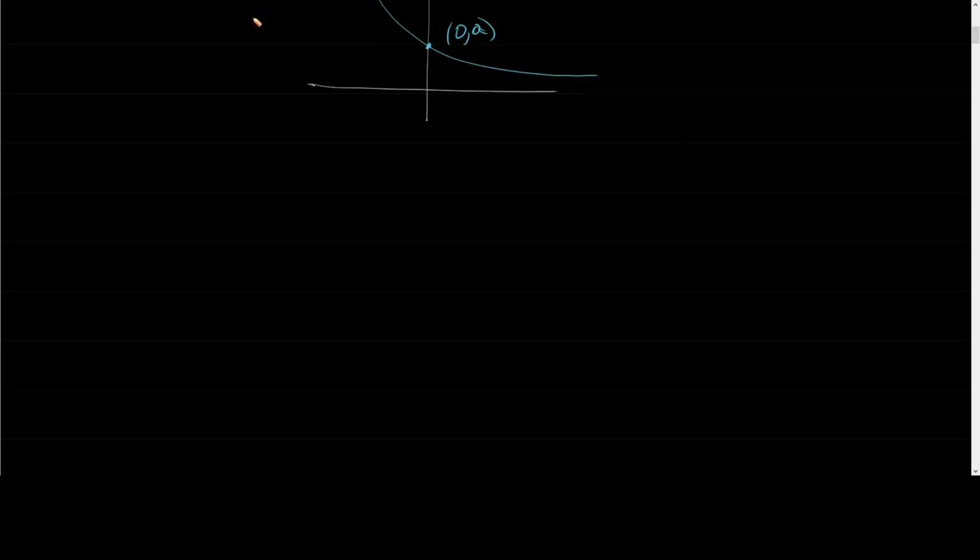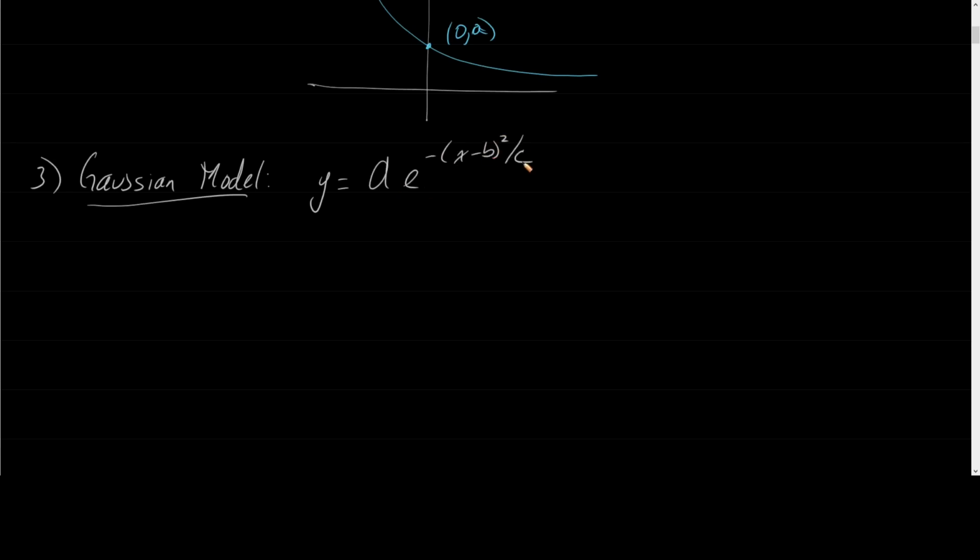Let's look at something called the Gaussian model. Now, the Gaussian model is given by the following function. Y is equal to ae to the negative x minus b squared over c.